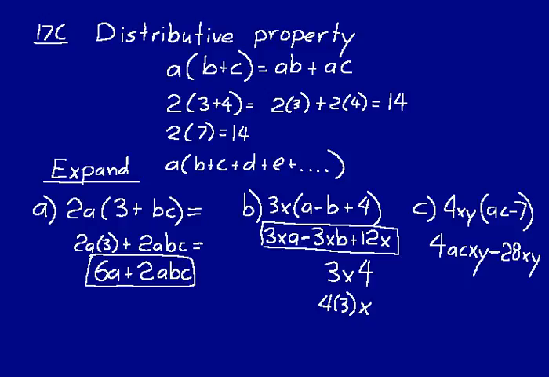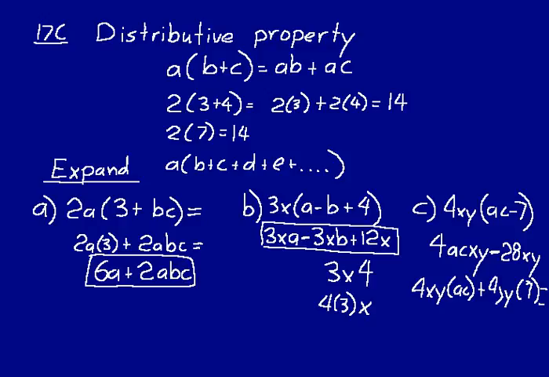If it helps you understand these, you can slow this process down a little bit, do a couple more steps, and just think of 4xy. I'm multiplying that by AC first, so I'll just say AC in parentheses, and then plus 4xy times the negative 7. And then you can just rearrange.